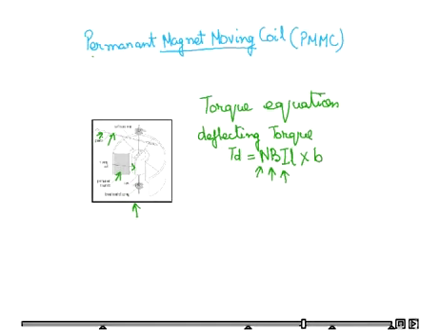I is the current applied, and L is the length or depth of the coil in meter, and b is the perpendicular distance.